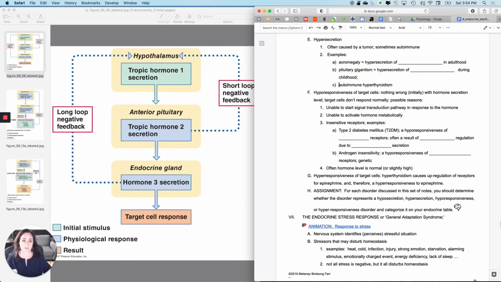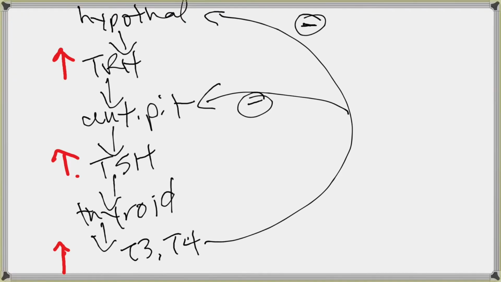And then there is also an autoimmune hyperthyroidism. So hyperthyroidism could be caused by a tumor, but I want to explain this weird situation in which there is an autoimmune disorder that causes a hypersecretion. Going back to the thing that we just did, let us erase these for just a second and say, okay, so what happens with an autoimmune hyperthyroidism is you have all the symptoms of hyperthyroidism.